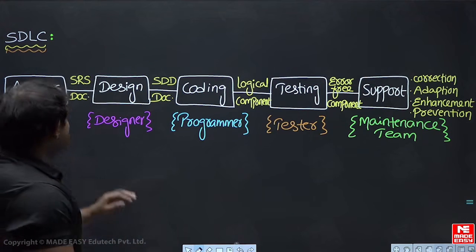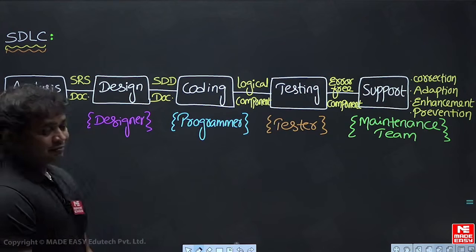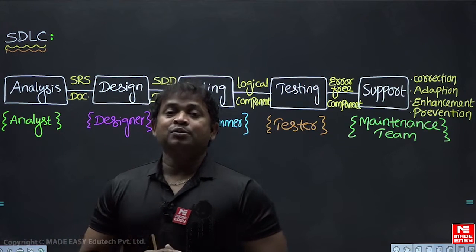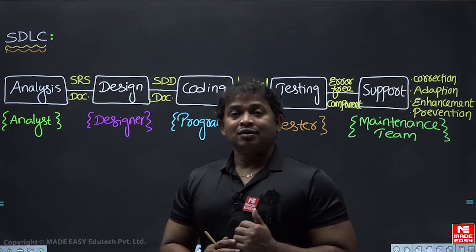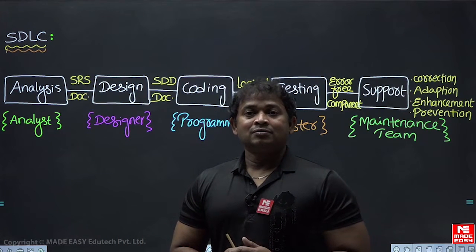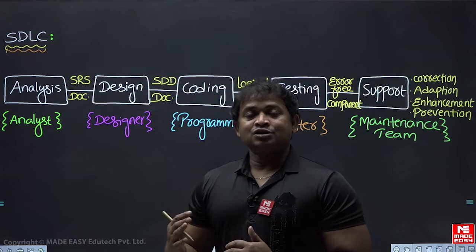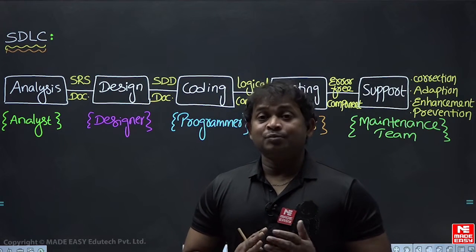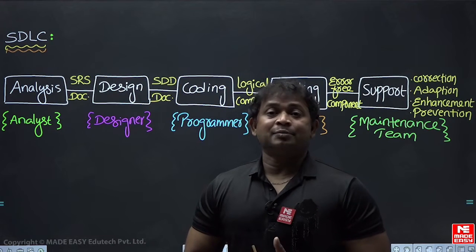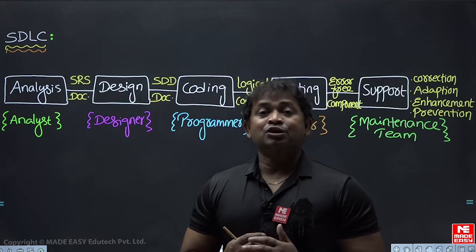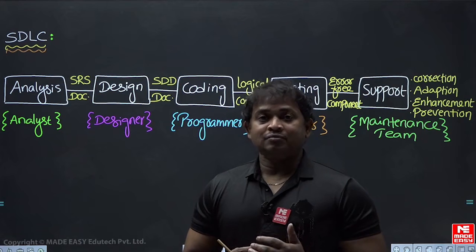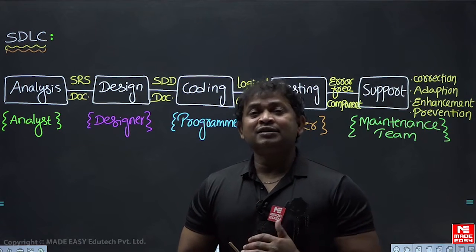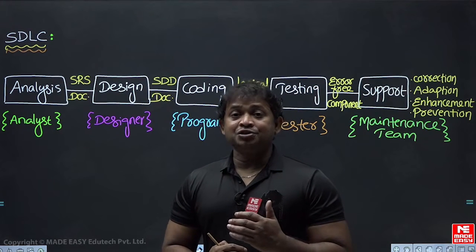In the analysis stage, the system analyst takes the responsibility to gather all the requirements needed in the software project. The system analyst's responsibility is gathering the requirements based on the goal of the software, based on the goal of the problem statement, by using different requirement engineering techniques.